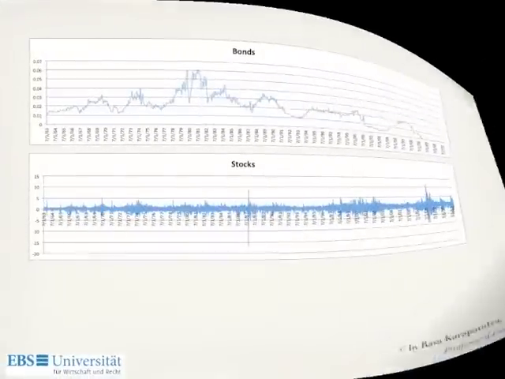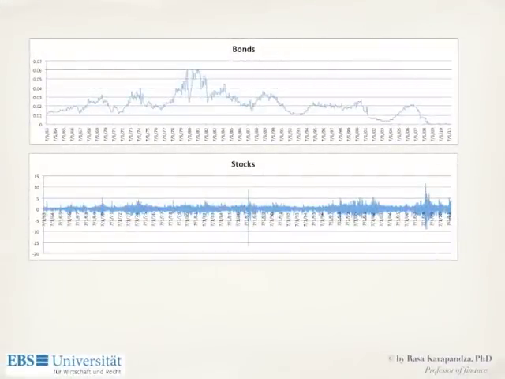Now, what I have shown you so far were annual returns. Now let's see how it looks on a daily level. These are daily returns. These are daily bond yields and daily stock returns. What you can observe on this chart are a couple of things.